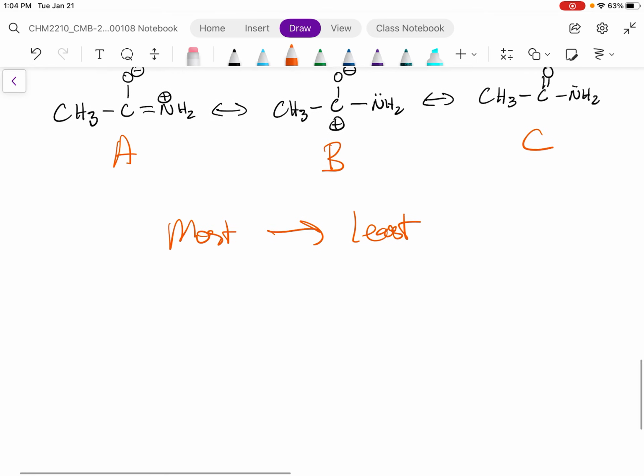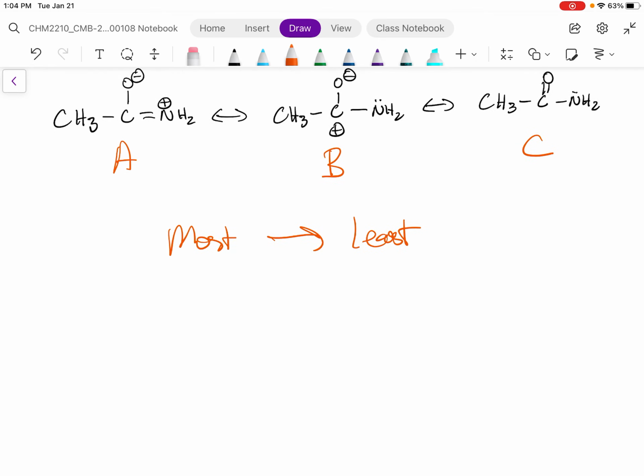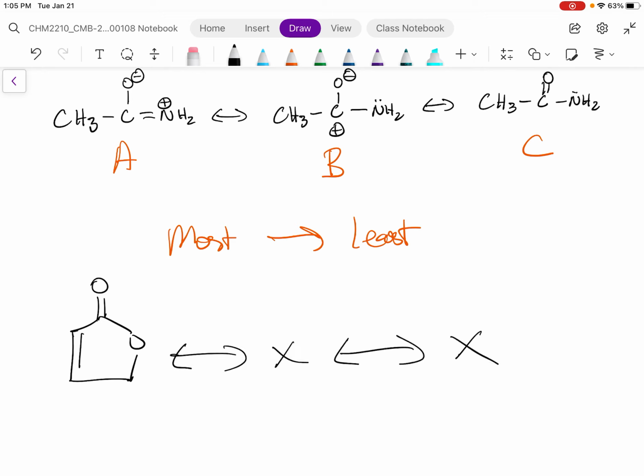So as you're working on that, rank those, tell me which one is most to least significant, and then after you're done with that one, I want you to take this structure here, that structure there, and I want you to draw 2 more resonance structures showing the curved arrows.